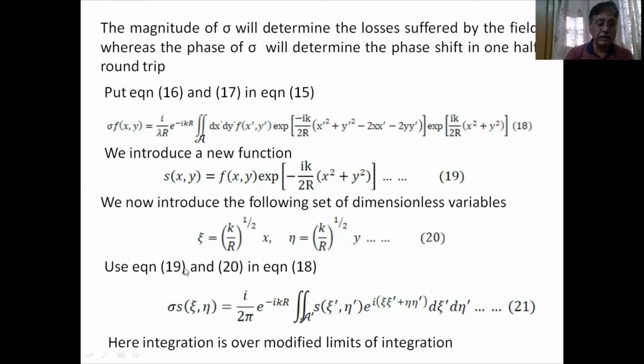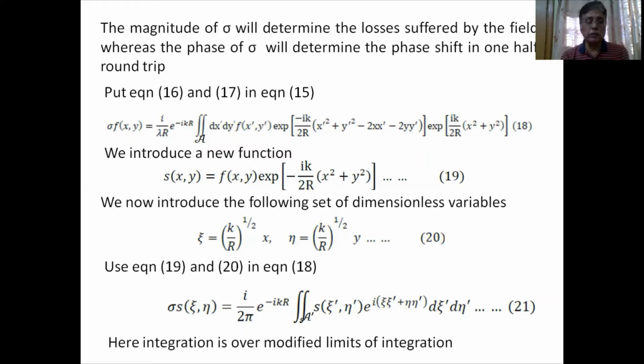So use 19 and 20 and 18 and get sigma S(xi, eta) is equal to i by twice pi e to the power of minus iKR in double integral over the aperture A dash S(xi dash, eta dash) exponential i (xi xi dash plus eta eta dash) and integrated over d xi dash d eta dash.